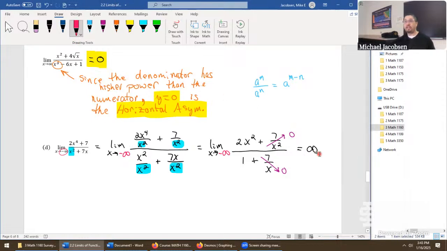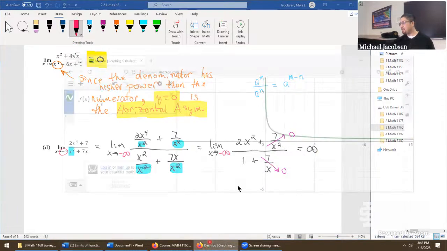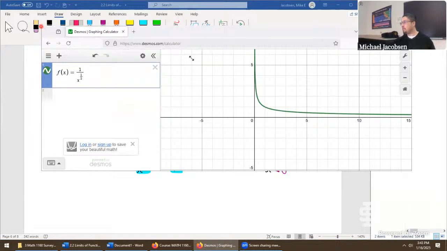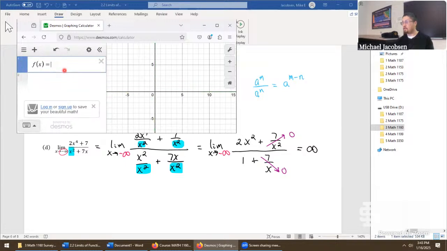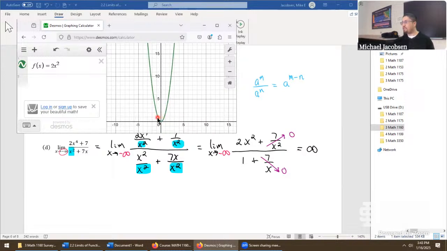We have the same value here of infinity, and that's only because if we were to graph our function, the one part that's left over, 2x squared, here's what it looks like. Doesn't matter if you go off to negative infinity in this direction or positive infinity in this direction, the values get higher and higher, so we say infinity.